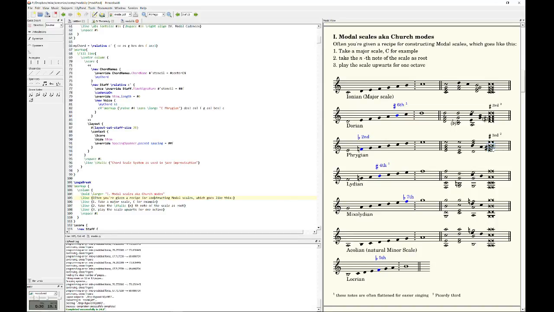Again, we have the big 3rd because of the closing effect. Next one is Mixolydian.